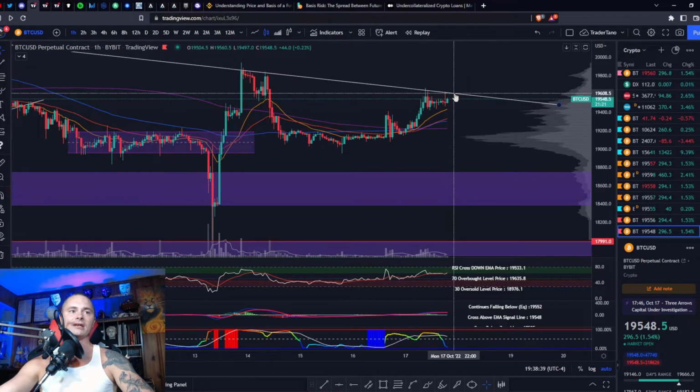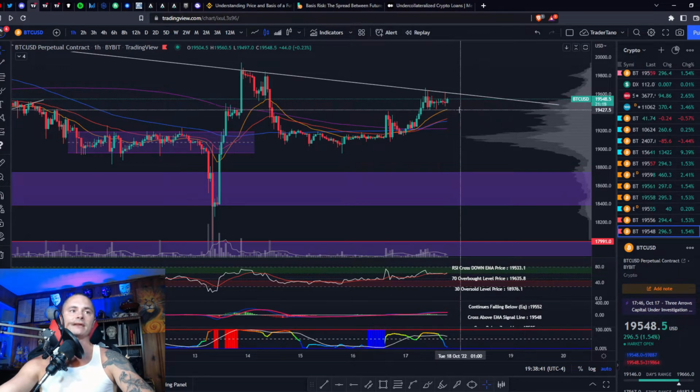Either we break the trend line or we break the 21. Now, if we break the 21, that's not going to look too good, because I would expect a move down to 19,300 if we break the 21 at the 19,440 region.